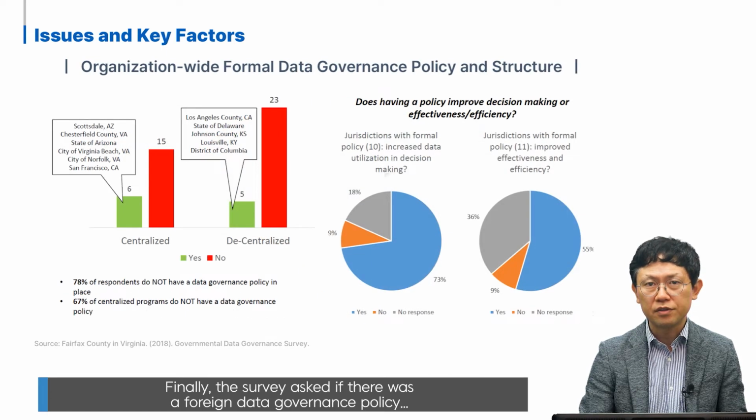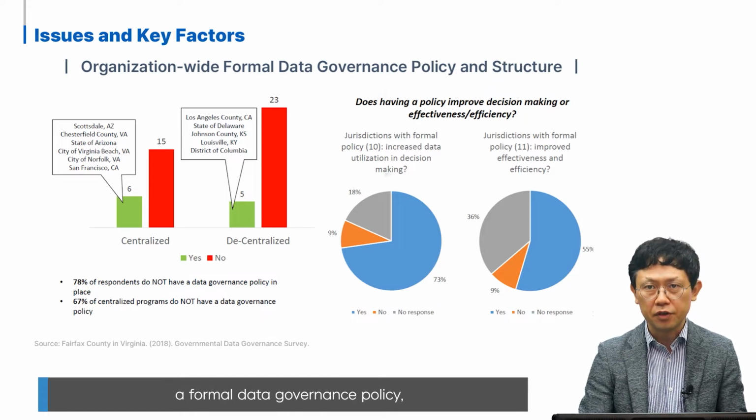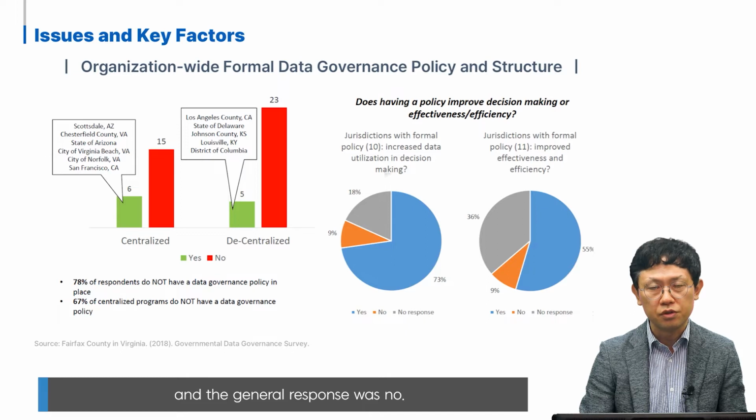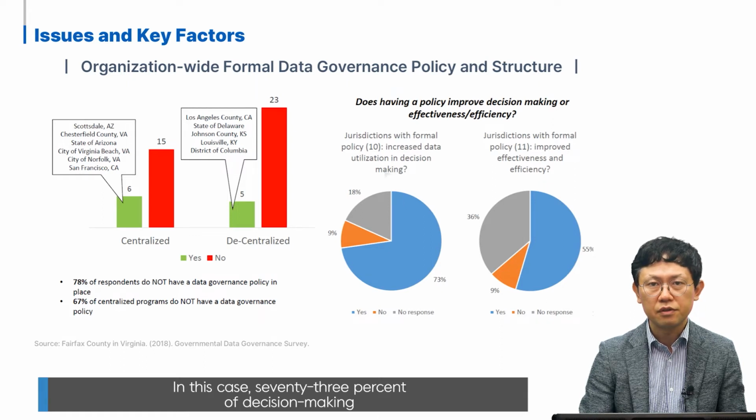Finally, the survey asked if there was a formal data governance policy and structure in place across the organization, and the general response was no. And we asked if these policies promote decision-making, effectiveness, or efficiency. In this case, 73% of decision-making and 55% of effectiveness and efficiency answered yes.